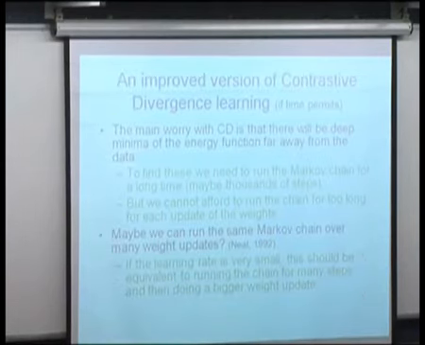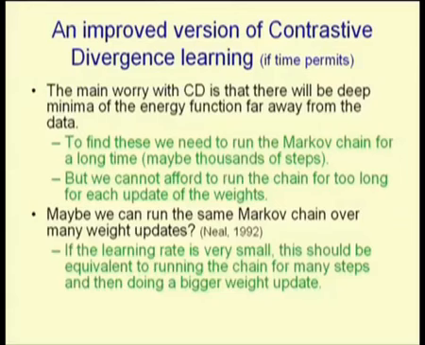Yeah, in the last couple of minutes I want to talk about how to improve contrastive divergence. Basically by doing something else instead, but we still call it contrastive divergence. Where contrastive divergence goes wrong is if I have, say, an energy landscape like this.